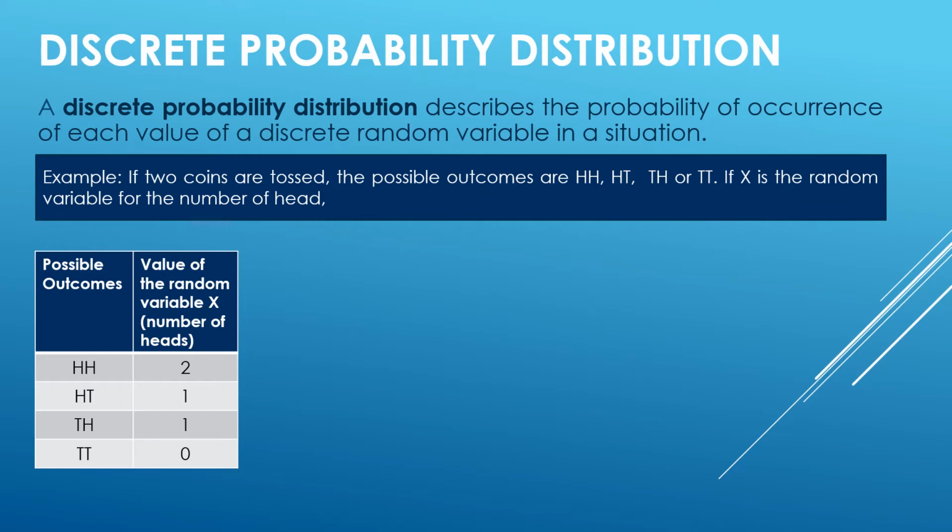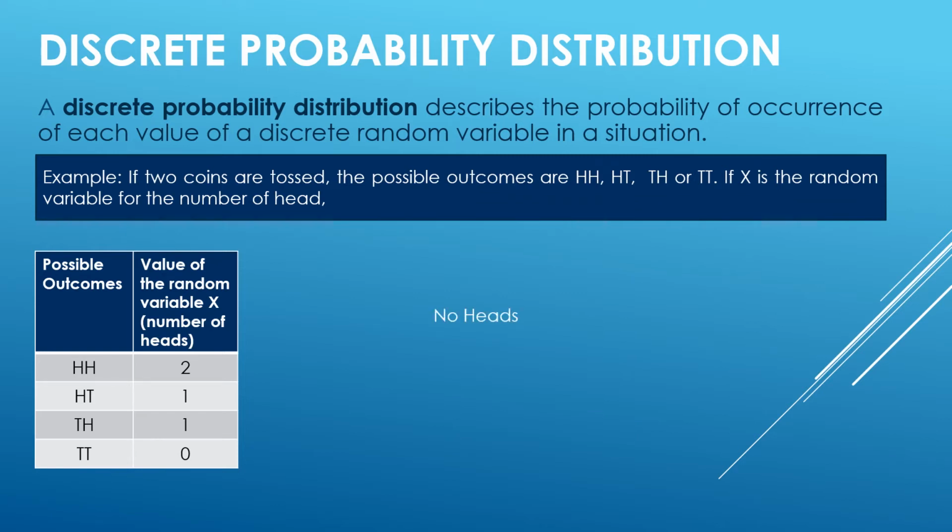So we will just count the number of heads in the outcomes. So we have here 2 heads, this one has 1 head, and this one has 1 head also, and this outcome has 0 head.